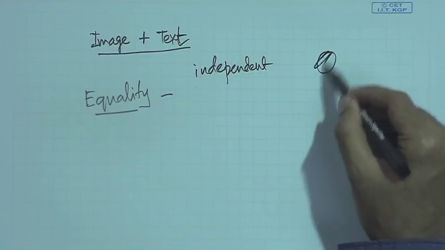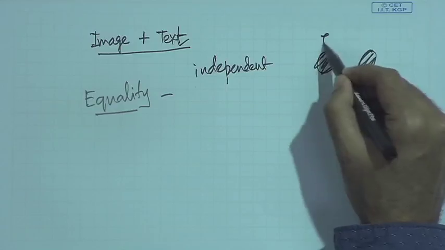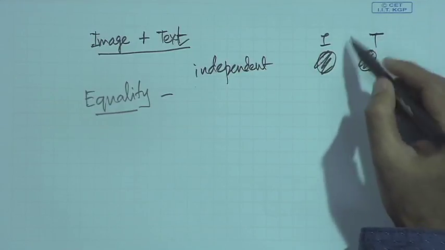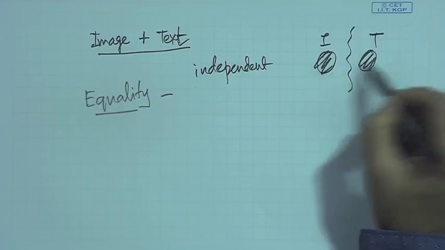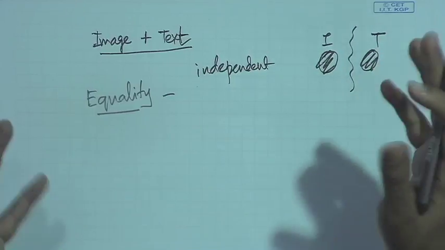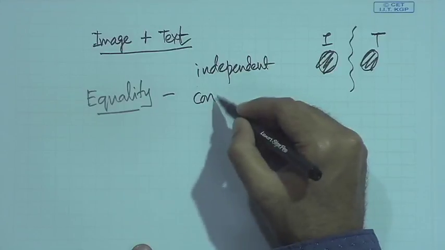If the image and the text do not have any relationship, they are independent of each other, there exists an equality amongst each other. So, there is no relationship between them and hence they gain an equal status. Another way of looking at it is when they have complementarity, meaning they have a complete dependency amongst each other.